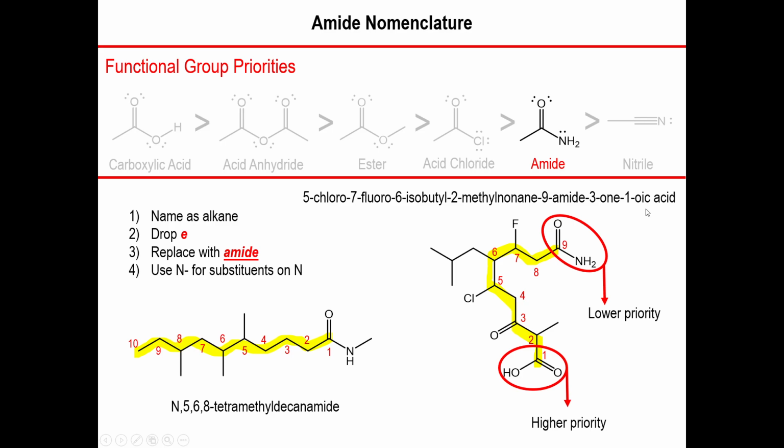You can make the argument that oic acid ought to go before the ketone, and to some degree you'll be right. But from what I've seen in the past, that tends to mess up the flow of the name. If you went 9-amide, 1-oic acid, 3-one, the name kind of gets a little bit messy, especially because of the space between oic and acid, right?